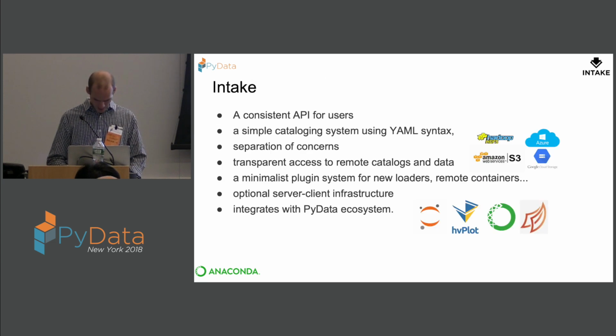So this is basically the end of the talk. Just to summarize, the main ideas of Intake is that your users get an API that's easy to use, and it's always the same, regardless of how the data is actually stored. You have catalogs. Catalogs are really useful. You should already have catalogs, but you probably don't.